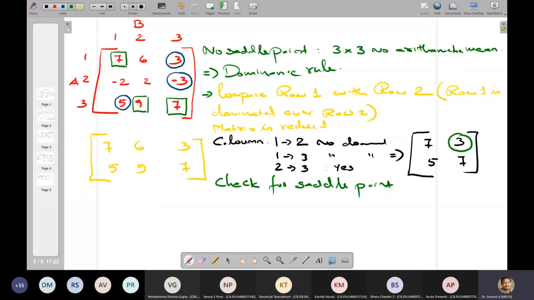The column maxima are 7 here and 7 here. So no saddle point. Don't miss this. When no saddle point is there, apply arithmetic mean.